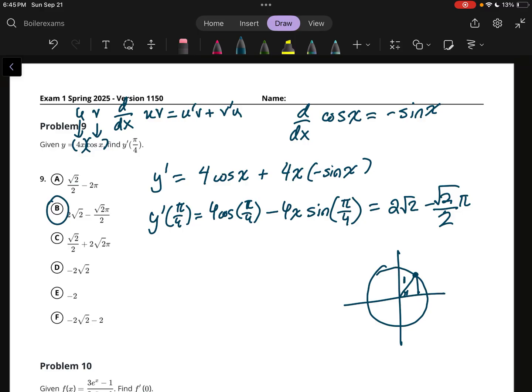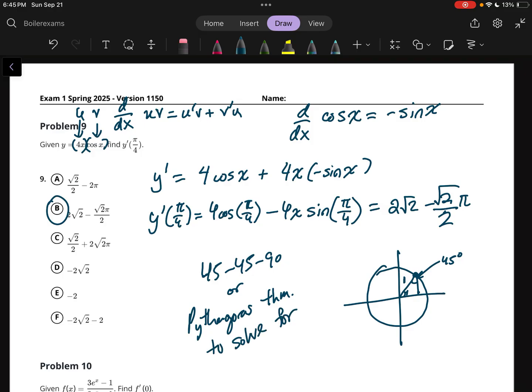So you could either use 45, 45, 90 triangles, so this angle is 45 degrees, or the Pythagorean theorem to solve for the trig values.